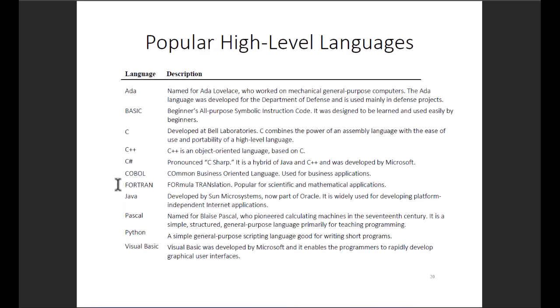For example, COBOL. COBOL is rarely used these days. There's a lot of better alternatives. It's a very old language, and there's a lot of better alternatives. Fortran, for example, it might not be very useful these days. But if you go to Java, for example, Java is extremely essential.